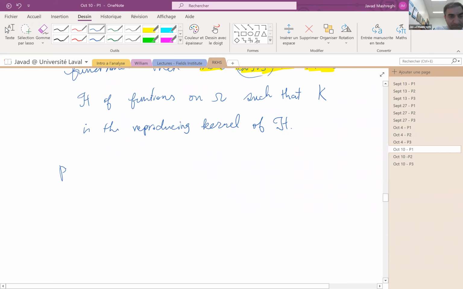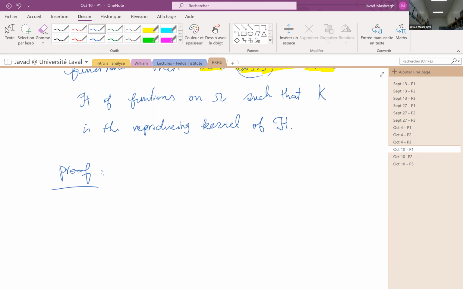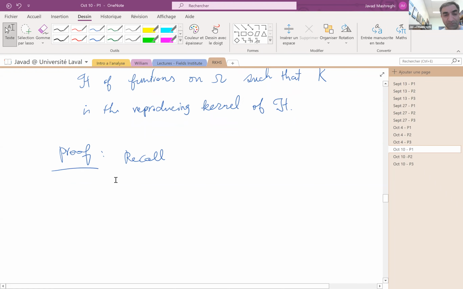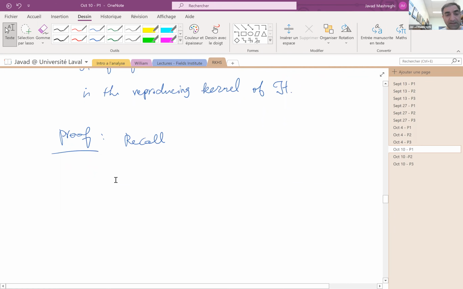Proof. As I said, it's a long proof, but please bear with me. Let me open another screen to look. We had an observation before, so recall. It was a very simple result, but that result helped us here.